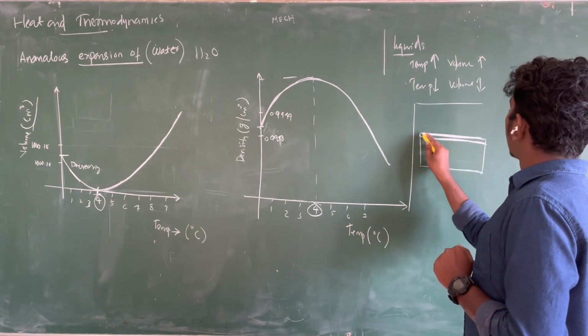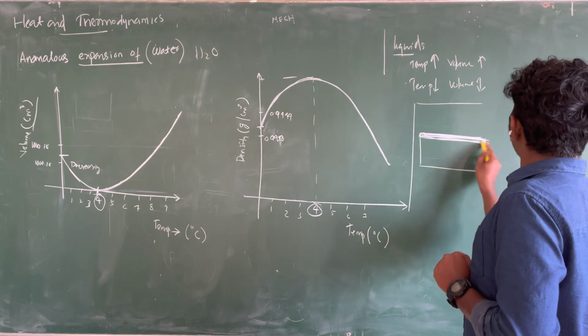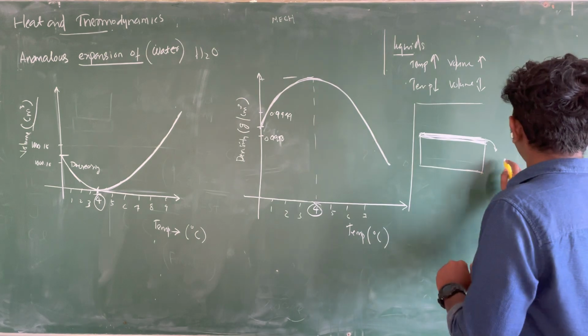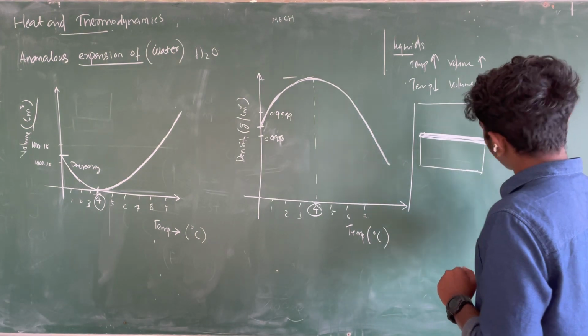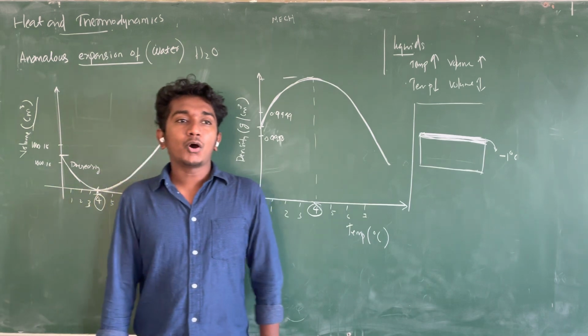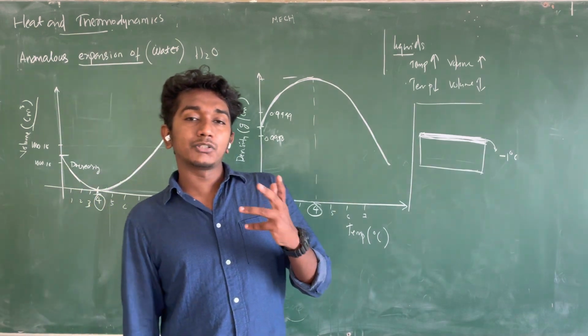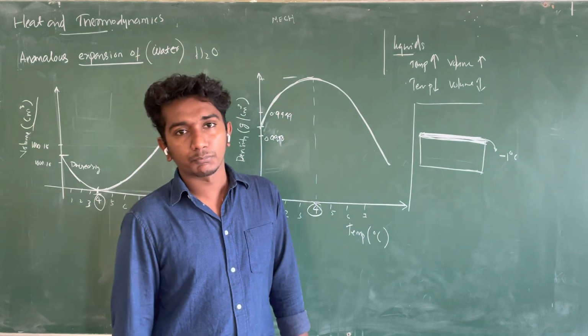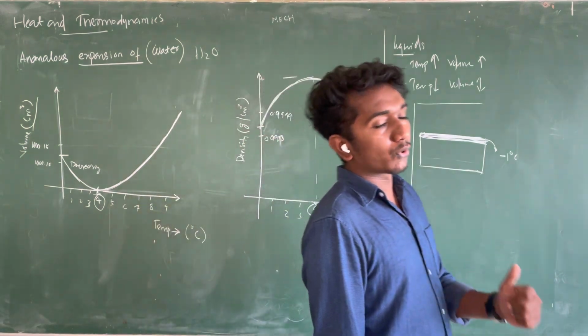What will happen? It will freeze. Suppose you consider, for example, this is minus 1 degree Celsius. What about the bottom layer? The bottom layer will not have that much temperature. The bottom layer will stay at 4 degrees Celsius.